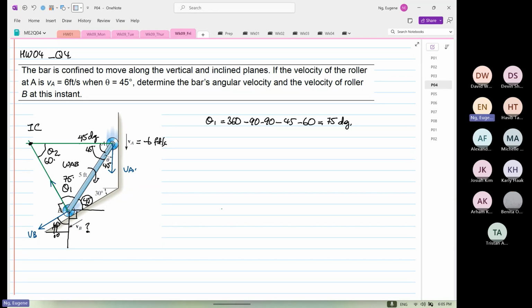So we have sine 60 over 5, and this is equal to sine 75 over AIC.